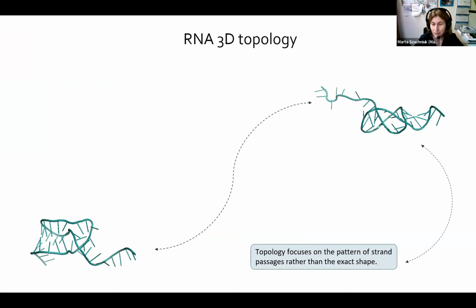If I think about topology, I try to answer several questions, like, for example, which parts of RNA are connected to which. So I distinguish different parts, motifs or regions in the RNA structure and then try to find out how they are connected, how they are positioned relative to one another in space.